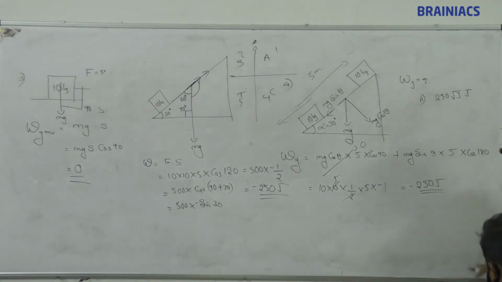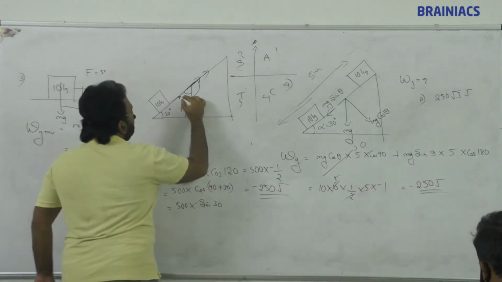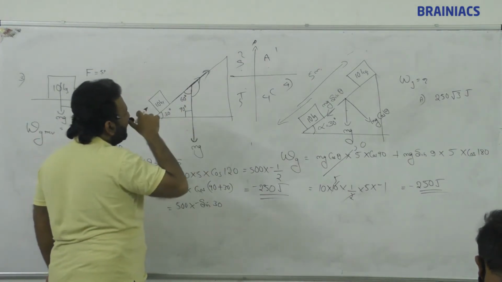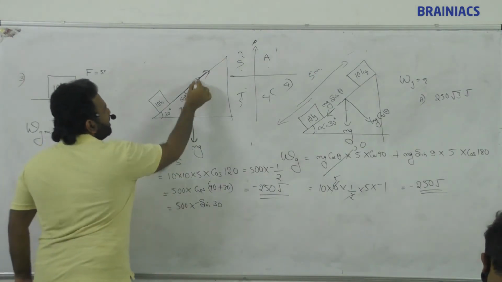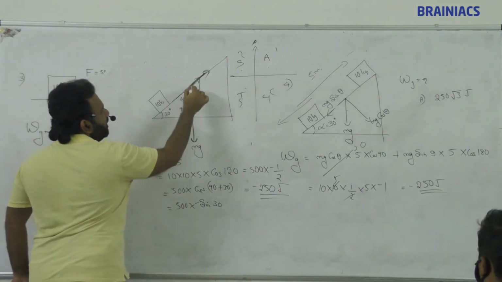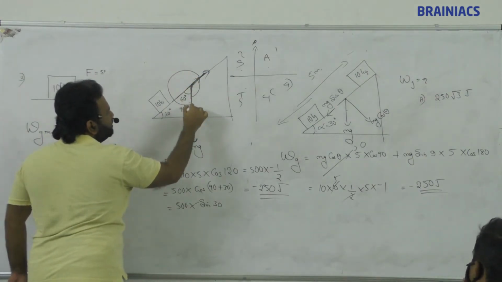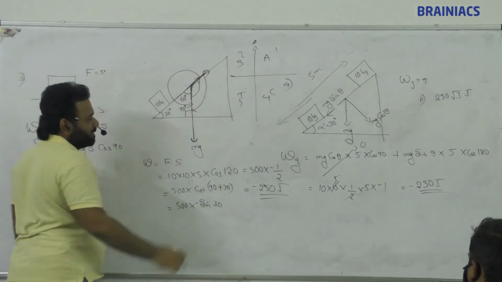If two vectors are acting, if this is one vector and this is another vector, how do we measure the angle between them? Either we can measure like this, or otherwise we can measure like this.